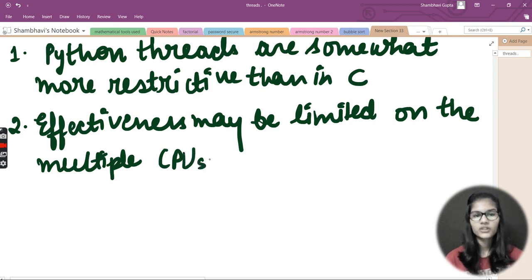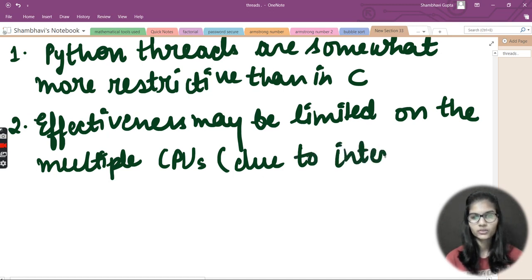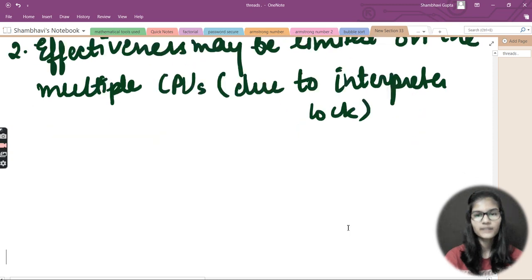And why does this depend on multiple CPUs? The reason is the interpreter lock, okay? This is the reason that the effectiveness may be limited on multiple CPUs, and that is due to the interpreter lock.